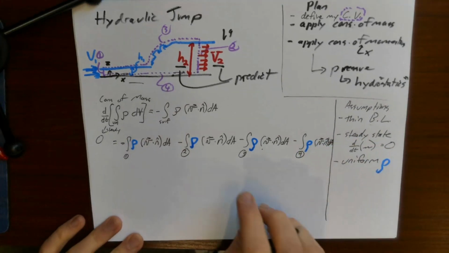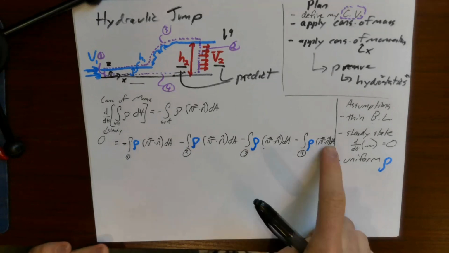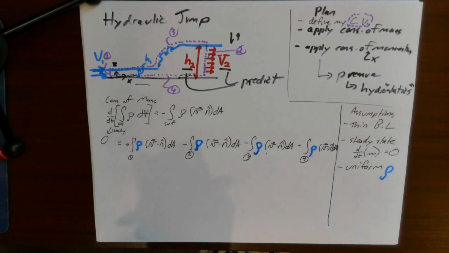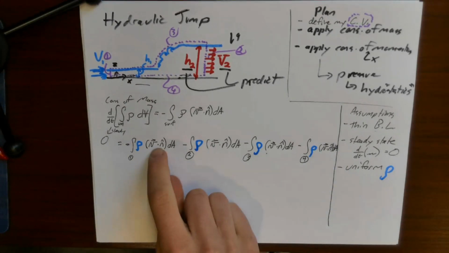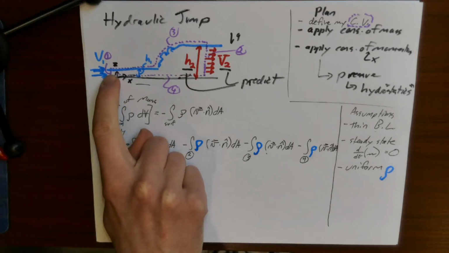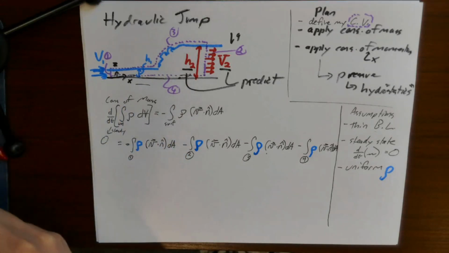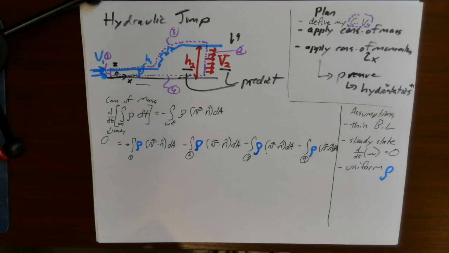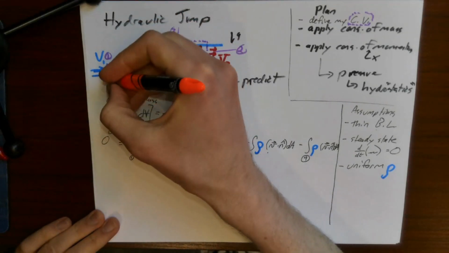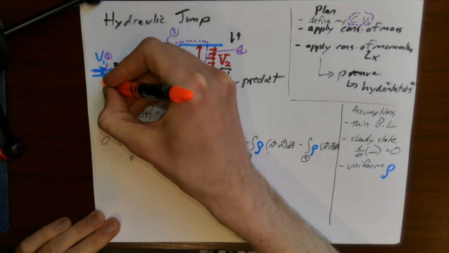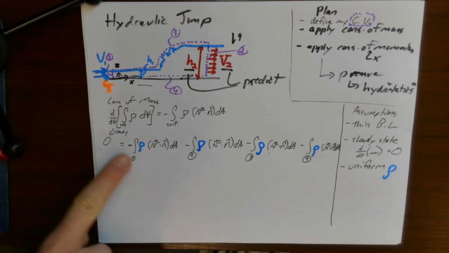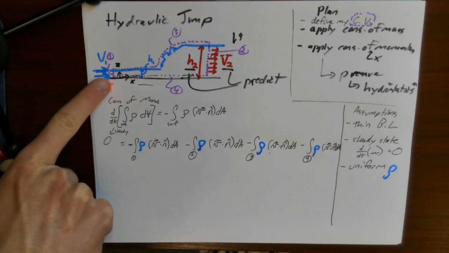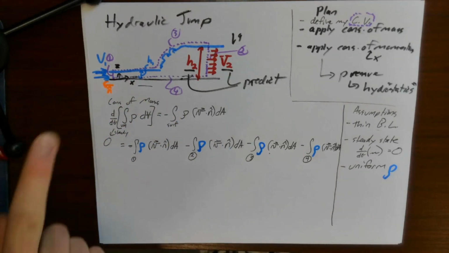All right, now, can we make any simplifications to any of these integrals here? Well, let's look at surface 1 first. That's this surface on the left-hand side here. If I think about what direction n is pointing, remember n is my outward pointing normal. So in this case, n is pointing to the left, and the velocity at this surface is pointing to the right. So v and n are in opposite directions.